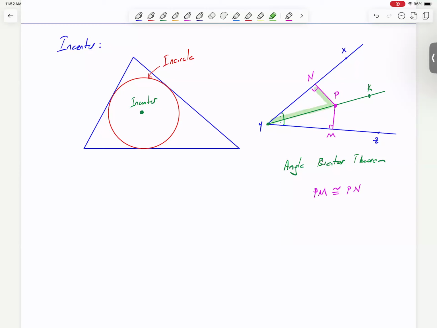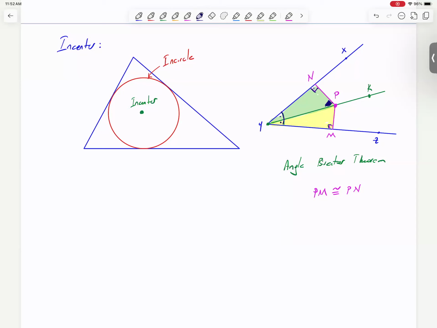We have two right triangles here: the right triangle YNP, the green triangle, and the right triangle YMP, the yellow right triangle. Two of the angles are the same because we have right angles, and also there is an angle bisector. The third angle must also be the same in the triangles.